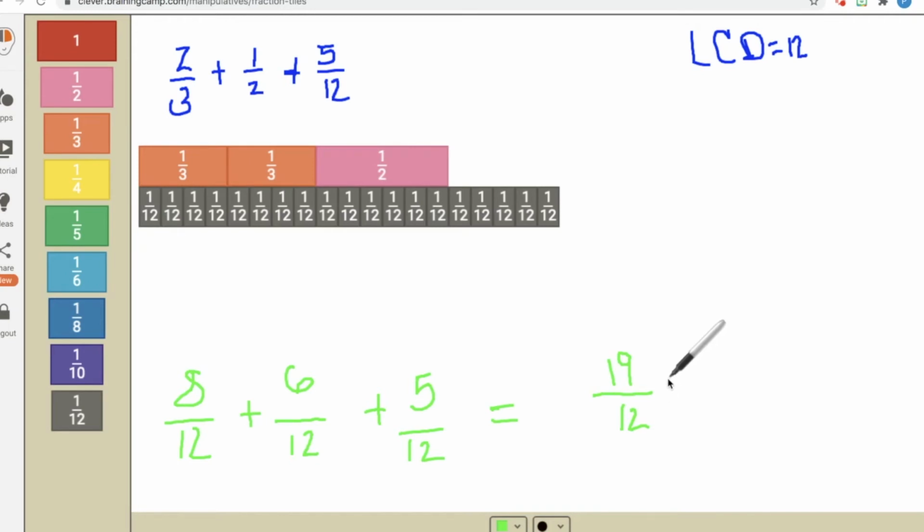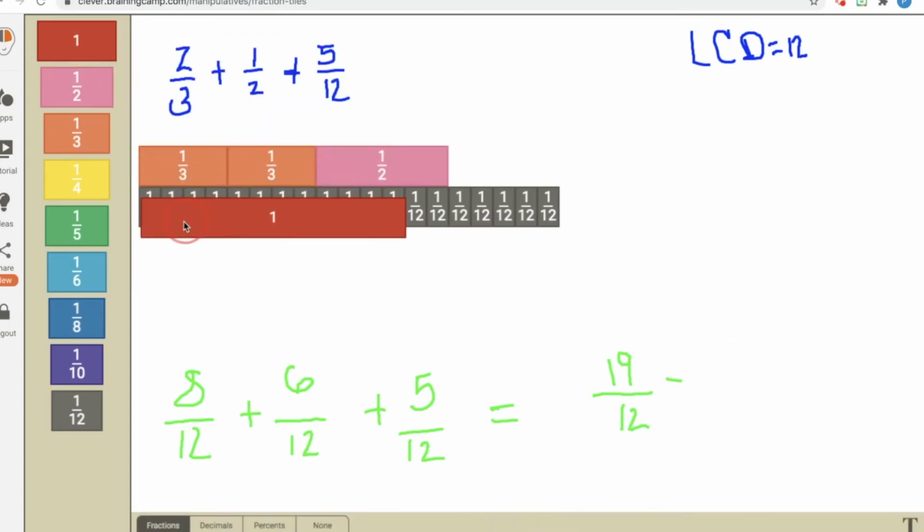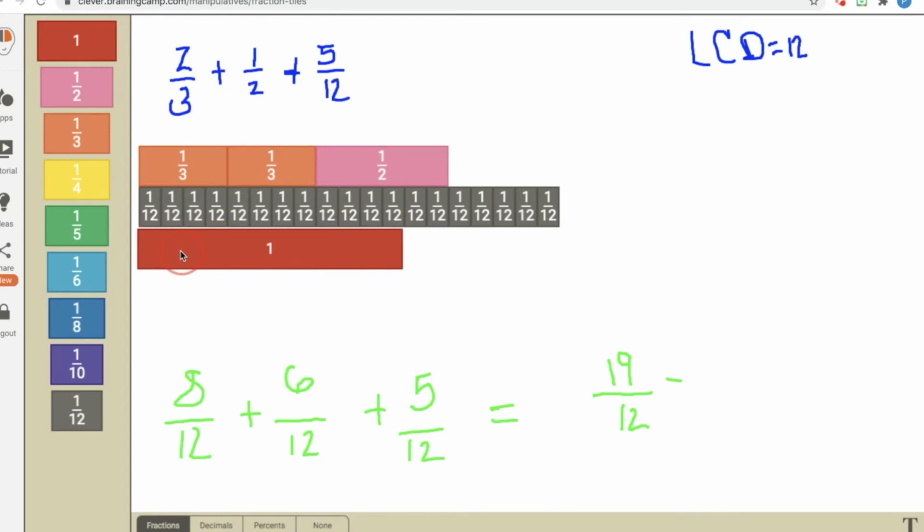So the last step in doing our problem, remember, was to simplify if needed. So let's see if I take my whole, because we already said it was a fraction greater than 1 if the numerator is larger than the denominator. So if I take out 1 whole, that would take away 12/12, and that would give me 1 whole.